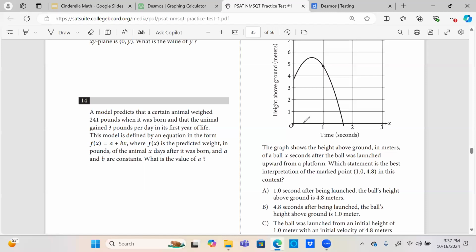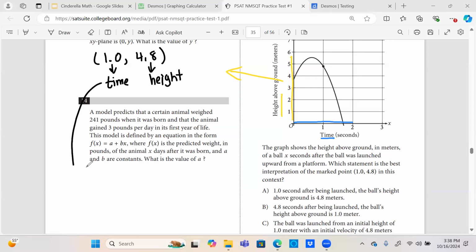Okay, so along the x-axis is the time. So this is the time since they launched the object, the ball. And the y-axis here is the height. So I'm going to write over here for room. The point is 1.0, 4.8. The x value is the time, and the y value is the height.